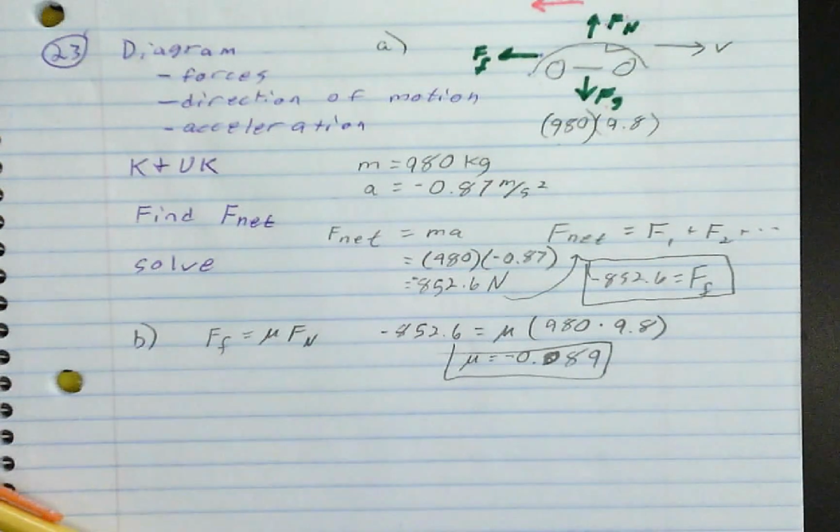That's how you solve that one. So not too bad once you kind of see it. It's one of those where you kind of expect it to be more complicated than it is, and so sometimes that can throw you off a little bit. But that's what we have for that one. The coefficient of friction is very small, but it should be. We're hydroplaning. So there is friction, but we're just sliding barely across the surface. So that number makes sense.